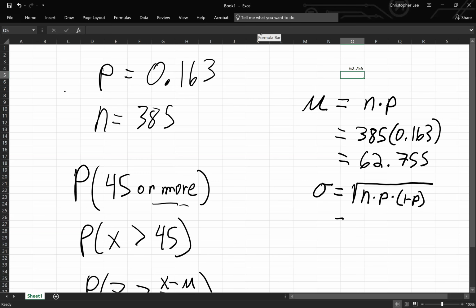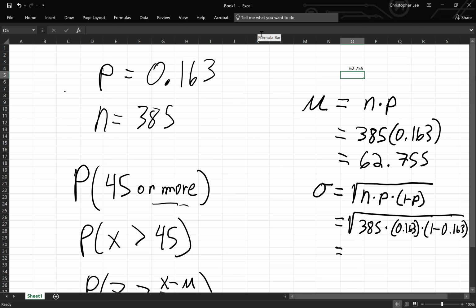So then now I'm just going to plug it in. Nothing crazy, right? So 385 times 0.163 times, right? And then you have to multiply that times 1 minus the 0.163, whatever. Little math, boom, boom, boom, and we're done.